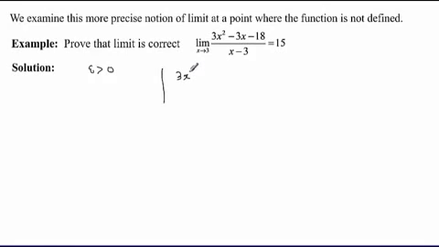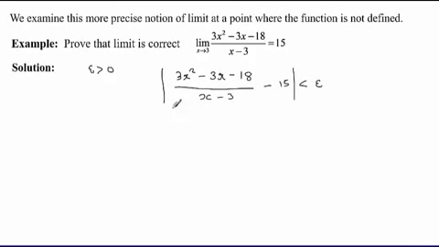So we write the absolute value of (3x squared minus 3x minus 18) all over (x minus 3), minus 15, is less than epsilon.